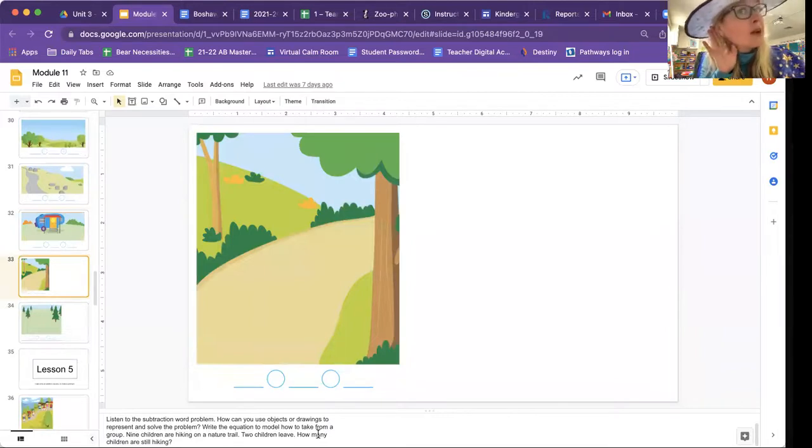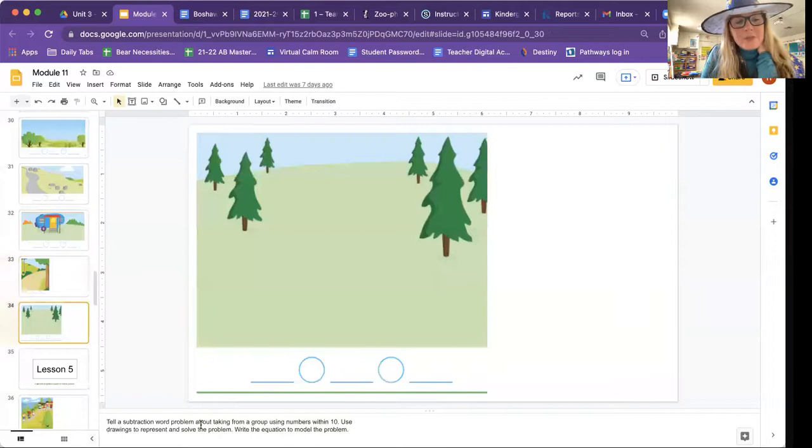Did you hear that number? 9 children are hiking on a nature trail. 9. 2 children leave. How many children are still hiking? Okay, so go ahead and draw a picture to represent 9 children are there and 2 leave. And then write the equation. You can pause this while you're doing that.